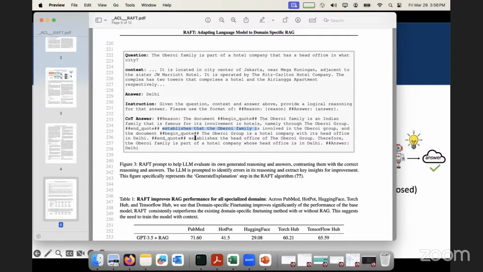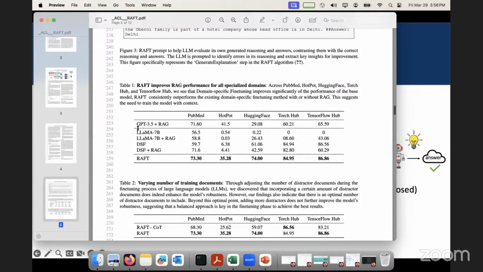I'm just thinking, if we are going to be benchmarking RAG versus RAFT, and as the quality of the actual models themselves evolve, what is the role of fine tuning?